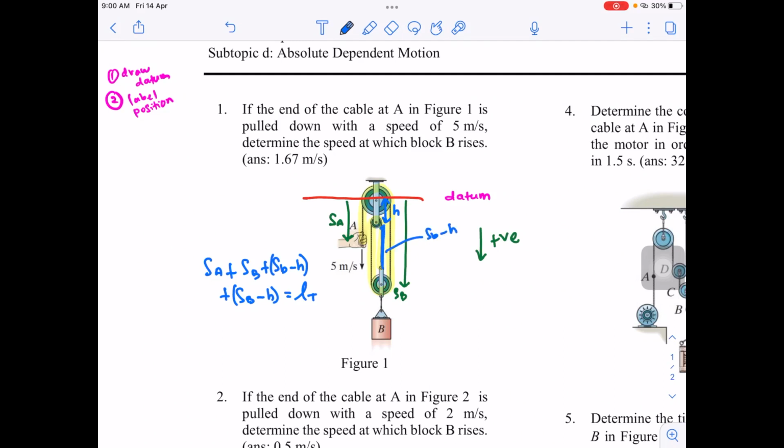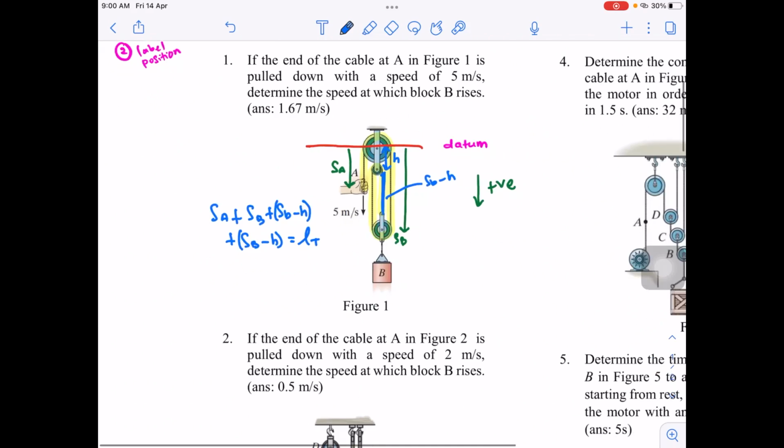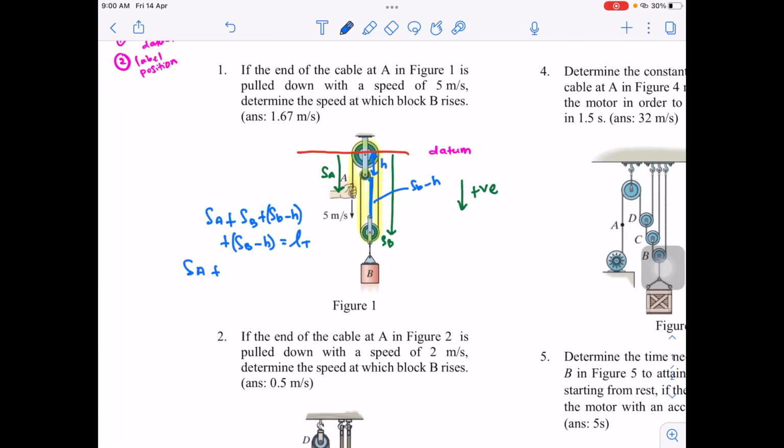H itu adalah 0 lah, sebab dia constant. Nanti saya tunjuk yang abaikan. So you ada SA plus 3SB minus 2H is equals to length. Okay. So when we differentiate, you left with VA plus 3VB is equals to 0.